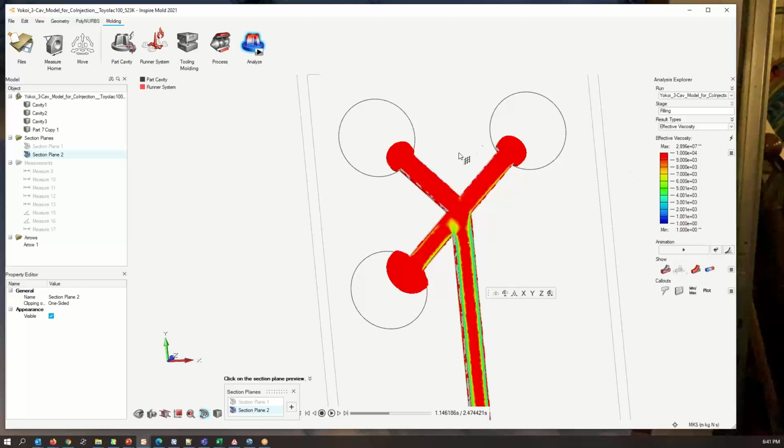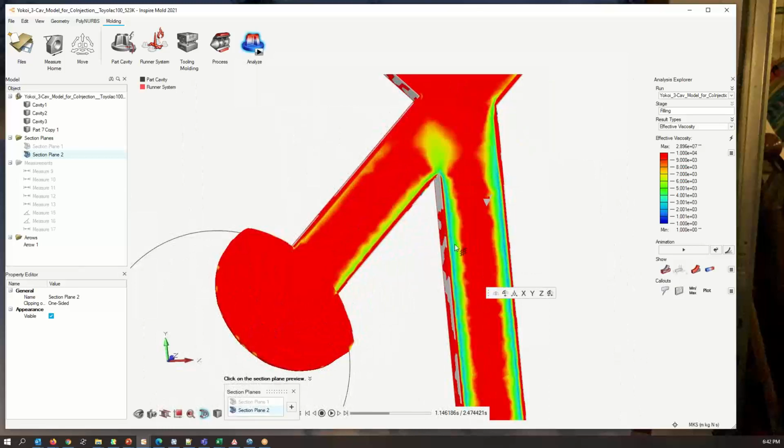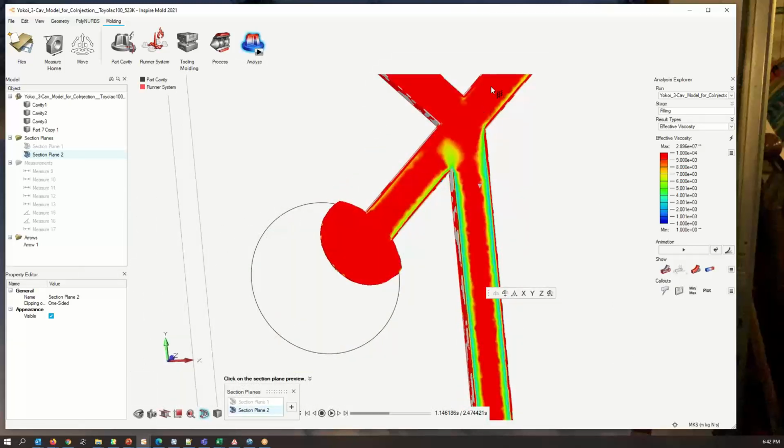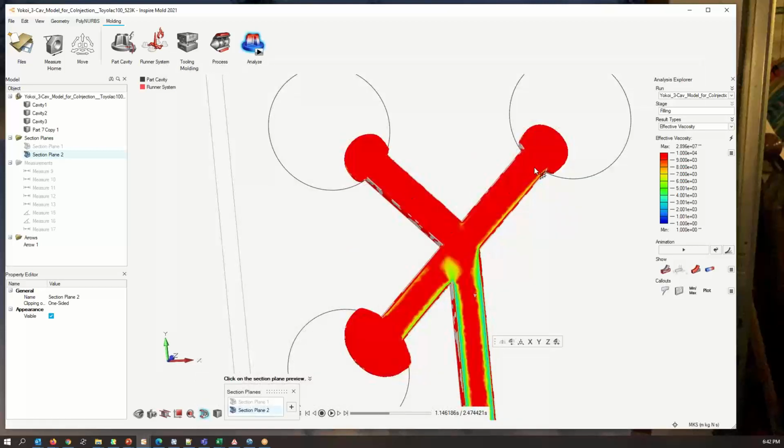Okay. So the viscosity in the middle of this flow is running pretty high in this material, this ABS, this Toyolac. But what happens is I'm turning this corner, I'm staying high going this way and this way, as it takes off. That's what's happening out here.